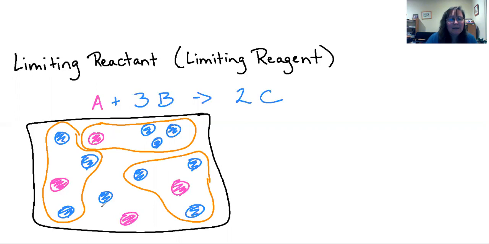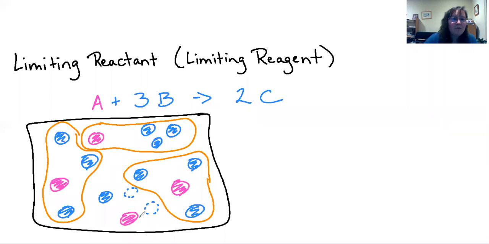So what that means is that, remember, we need 3 of our little blue B's here to react with this, and we don't have it. Because we don't have enough of that, oh, sorry, we don't have enough of our B values.